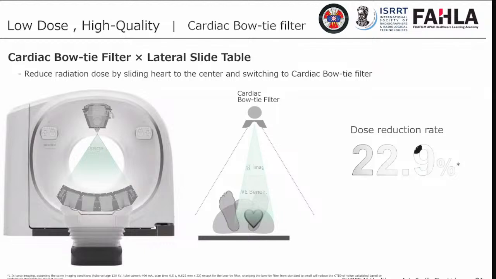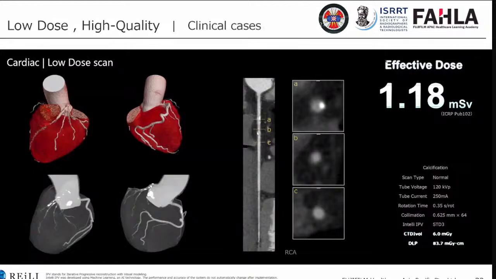So you can cut off those unnecessary dose through this filter, and then you can again focus on the target organ to be visualized and further come up with a better image quality.